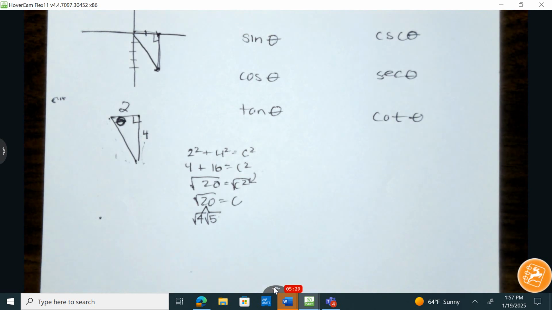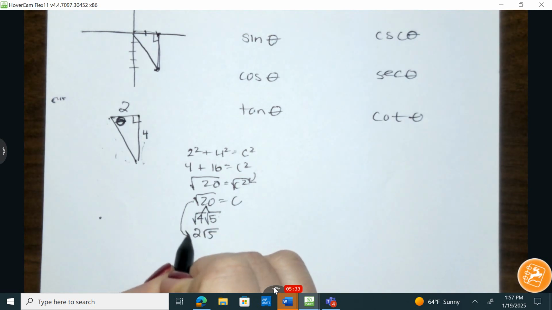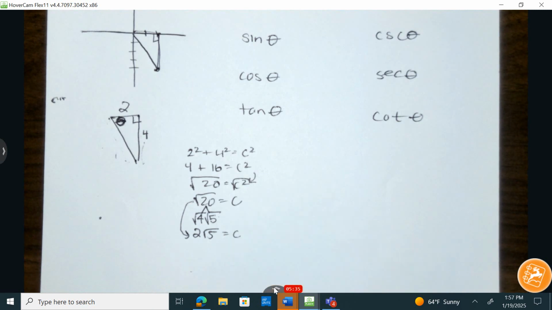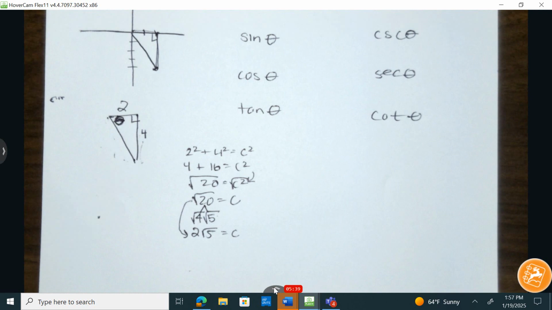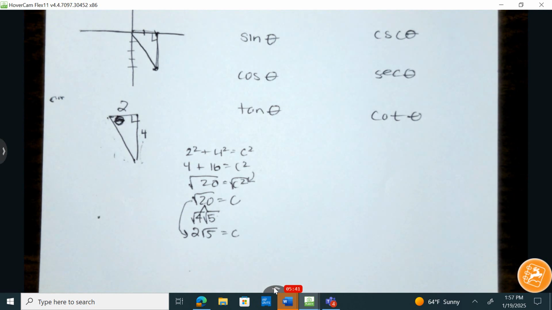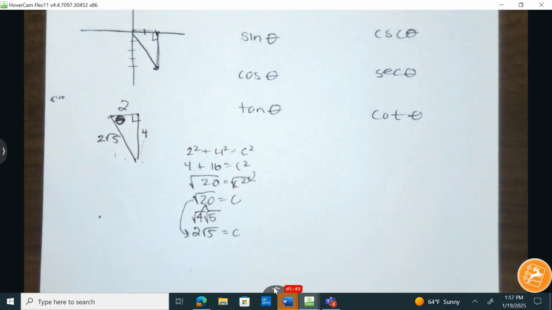That'd be 4. The square root of 4 is 2, and now we can rewrite the square root of 20 as 2 times the square root of 5. Anytime you achieve the length of a side, and that length is represented as a square root, you always have to see if you can rewrite it in a more simplified fashion. So this is 2 square roots of 5.